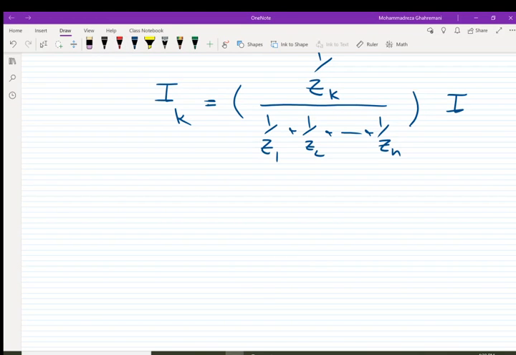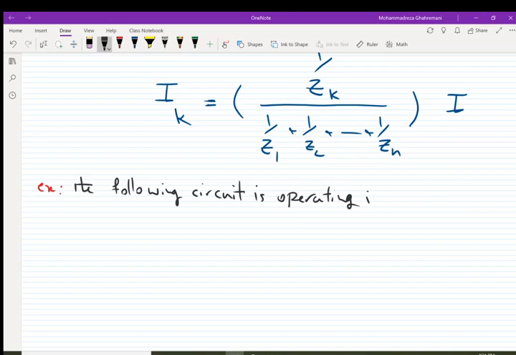Example: the following circuit is operating in sinusoidal steady state.